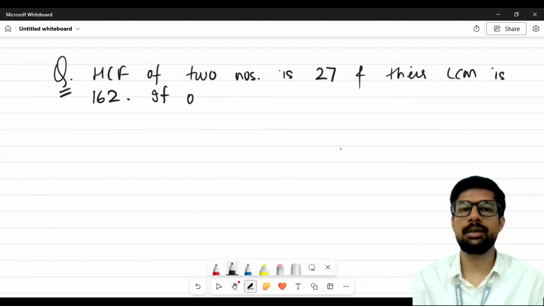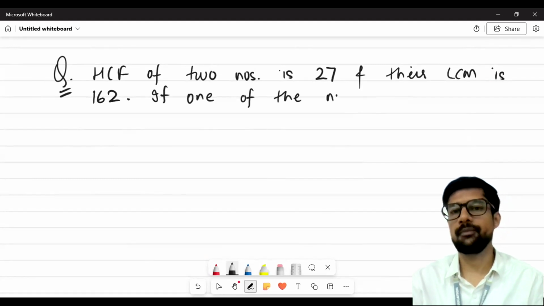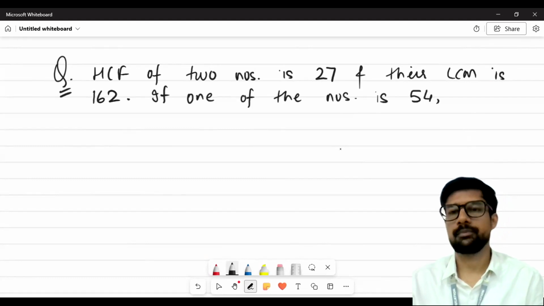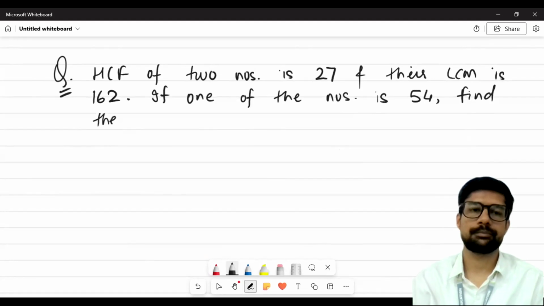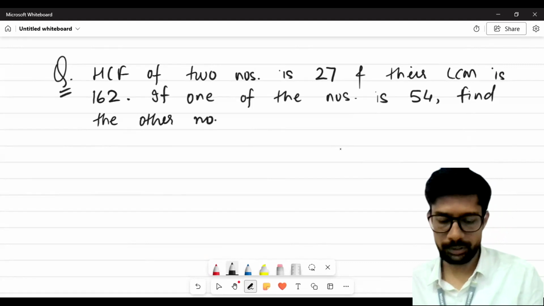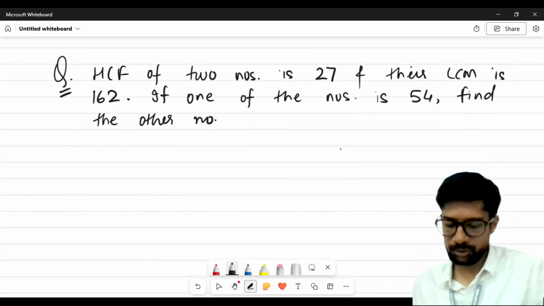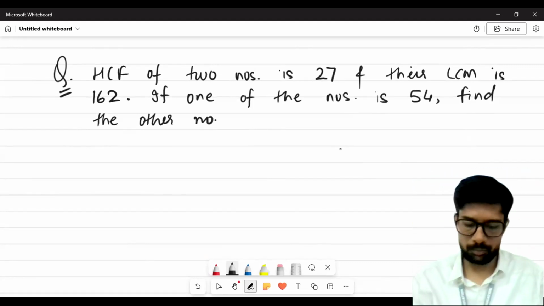If one of the numbers is 54, find the other number. Okay, let's do this. It's based on the formula that we have covered in this chapter, the only formula that we talked about between HCF and LCM.